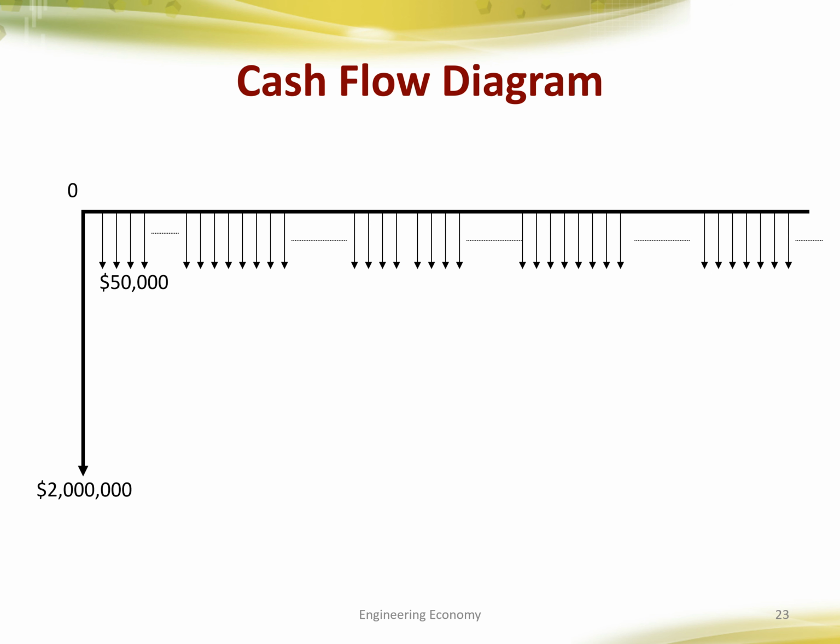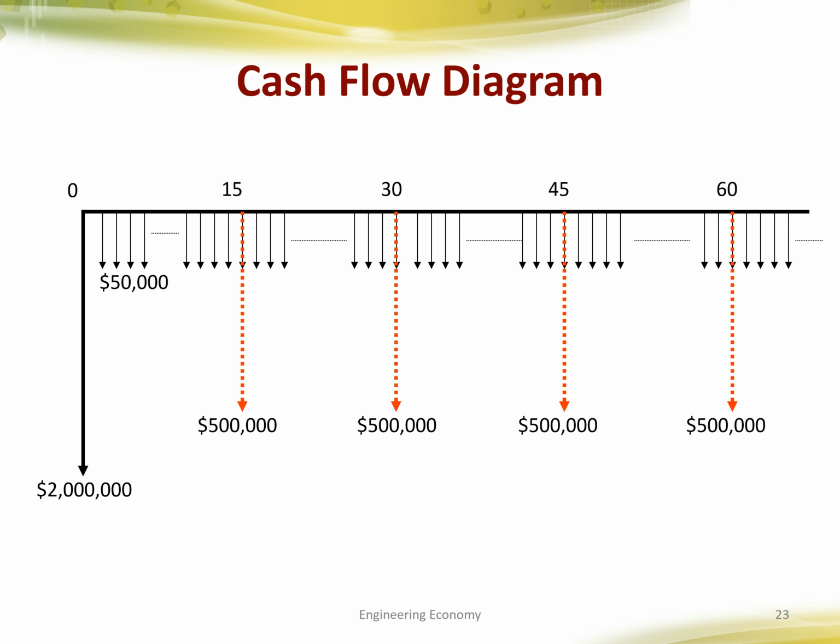It's the initial construction cost, and the operation cost is 50,000 per year. But every 15 years, we have an additional 500,000 maintenance cost. So what will be the total investment and operation and maintenance cost?